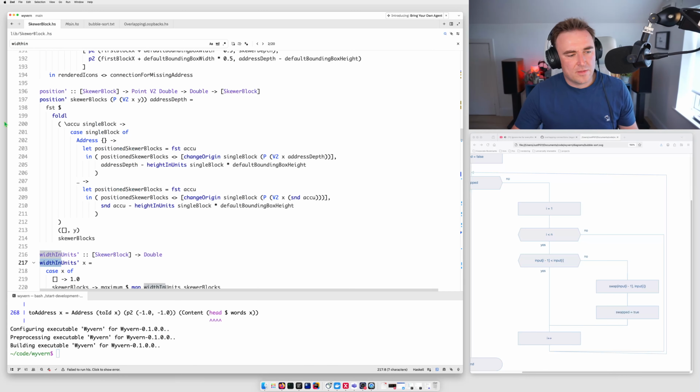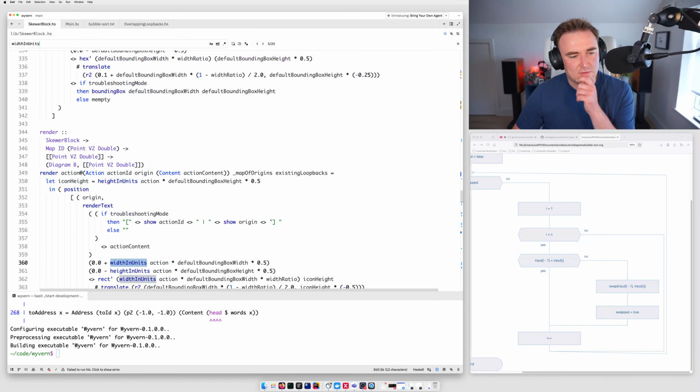I'm looking for width in units for connected skewer blocks. Let's see if we have something like that.